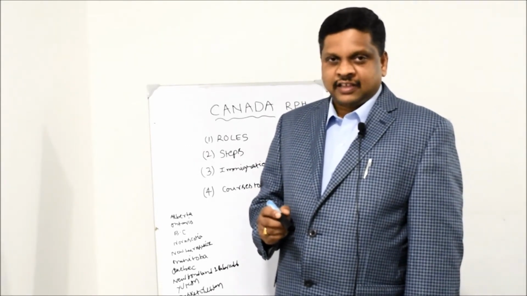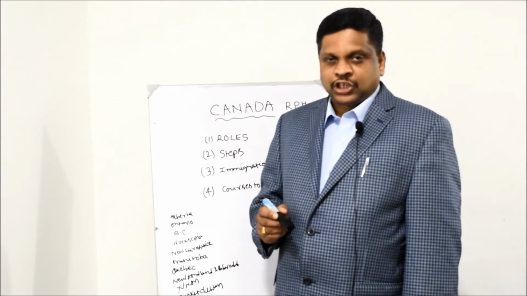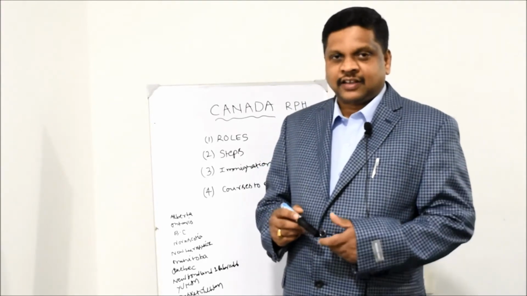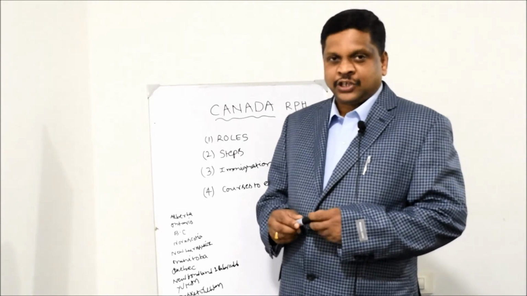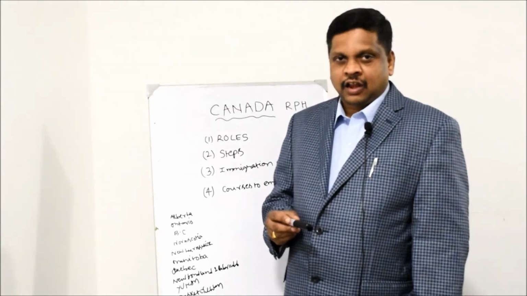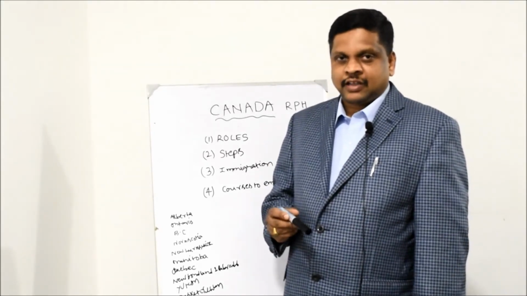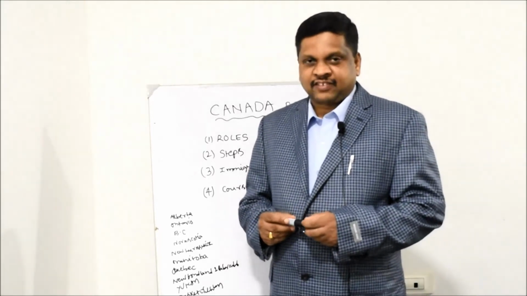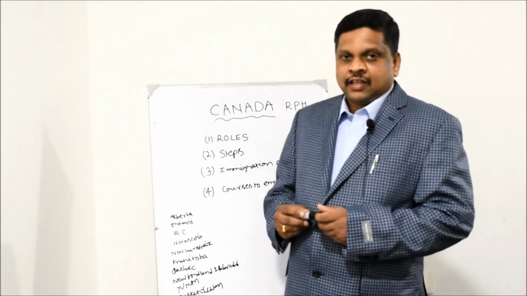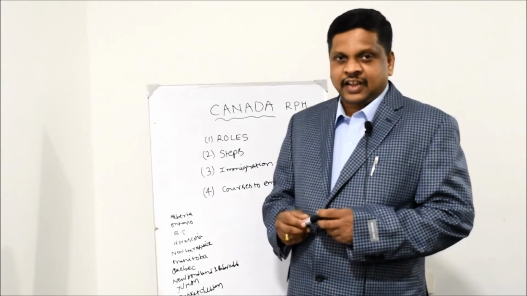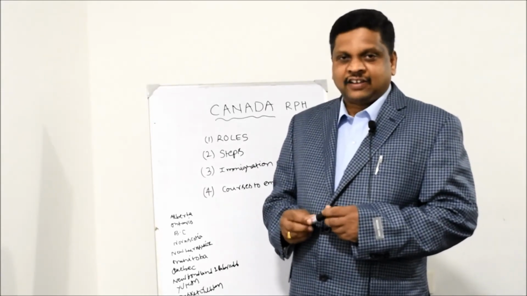Once you clear these two exams, then whichever province you want to practice in, you have to do the provincial dispensing law examination separately. So there are many steps involved in the process. The first step is registering on the pharmacist gateway.